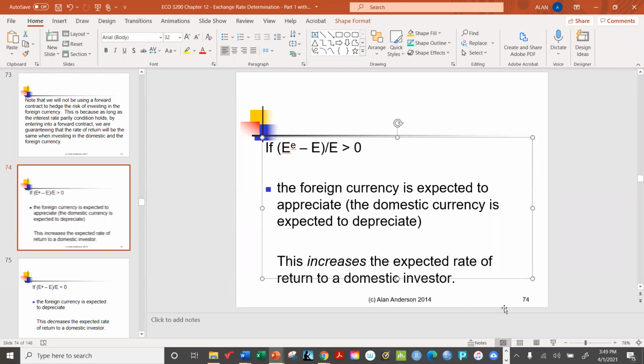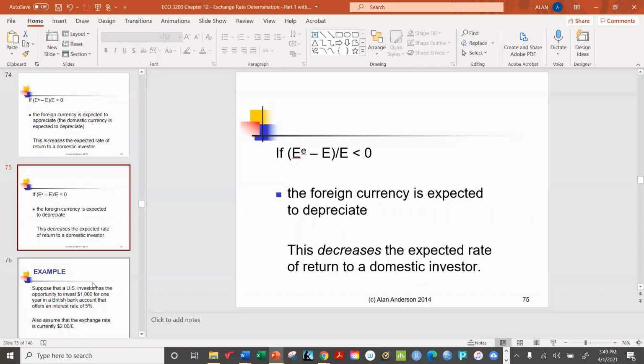So if you're an American and you're thinking about investing in British pounds, you hope that the British pound appreciates, because that will actually increase your rate of return in terms of dollars. So this is your signal that yes, jump in there and buy pounds because you'll make more money that way. All right, so don't worry, we'll use a numerical example to prove this. But of course, this works in both directions.